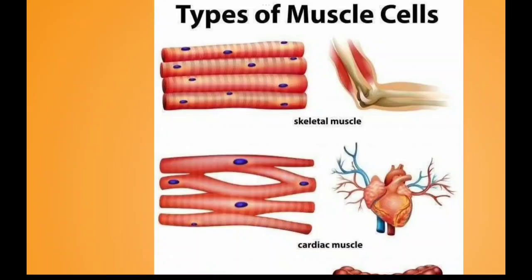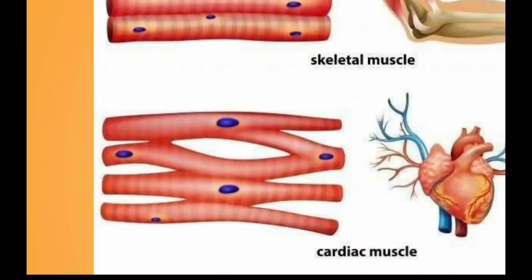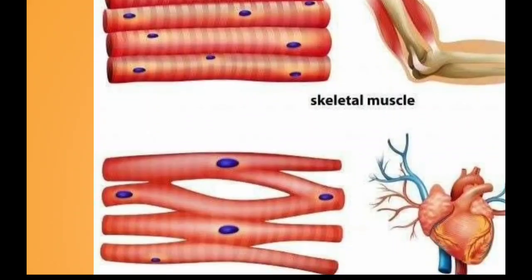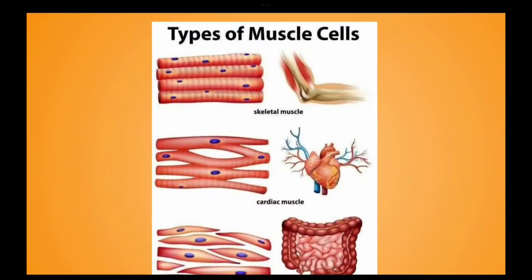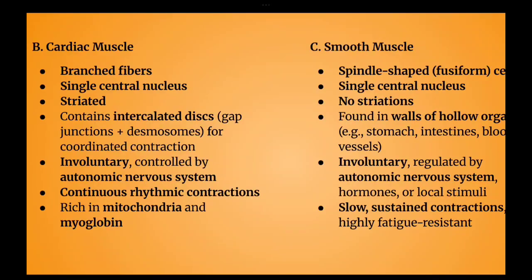And now you can see there is only one nucleus per muscle fiber. There is a muscle that is passing right here, right? These cardiac muscles have a single nucleus. There are not many nuclei distributed, and it is in the middle of the muscle. Now they are branched.